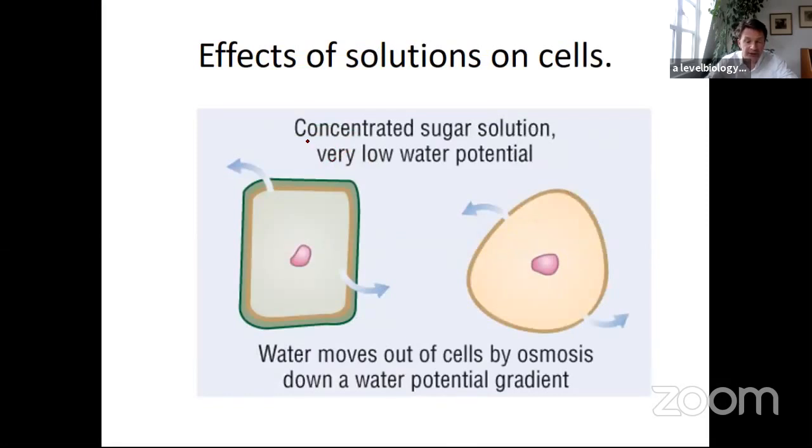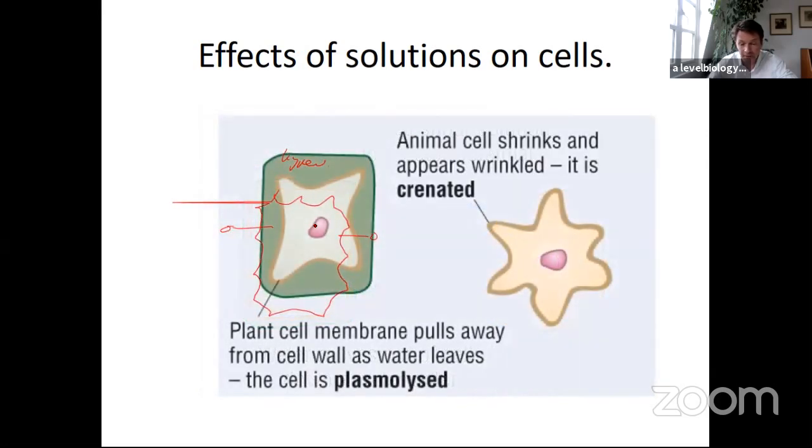Now, if we put something in a hypertonic solution, so we put it into a very negative water potential solution, then water is going to move out, and that will cause the cell to become plasmolysed. Now, with an animal cell, it's said to be crenated because you've got no cell wall around the outside.